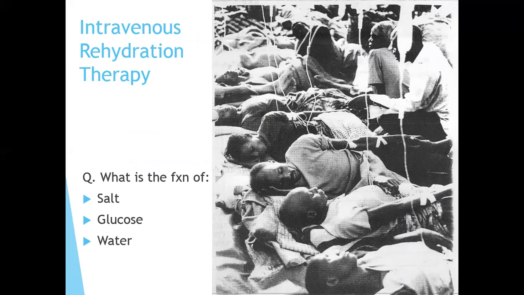I think this is a very serious cholera epidemic in Africa, which is why so many of them are taking intravenous rehydration therapy. We know that in this therapy, the patient is given a solution which contains salt, glucose, and water. So we want to know what is the function of salt, glucose, and water in this rehydration therapy.